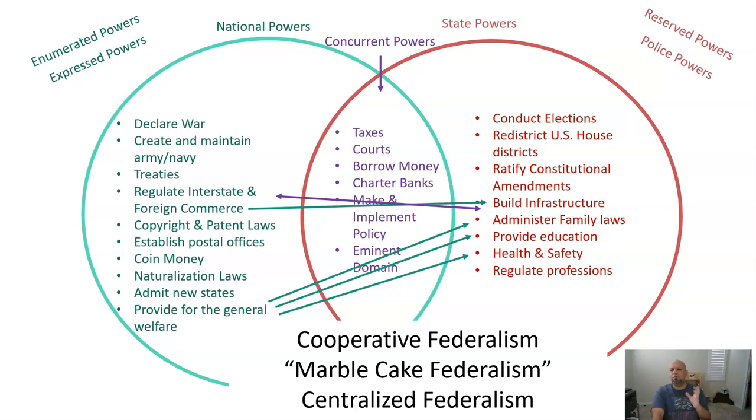Oh yeah, we're also going to tell you how to be healthier and safer in your states too. Yes, that's your power, but we know better and we need to make things fair across the country. So here, we're telling you what to do. Here's some money with it. If you want that money, you have to do what we say. And we can see it keeps getting bigger and bigger, including under providing general welfare, conducting elections. Elections happen at the state level, and the states ran them essentially.